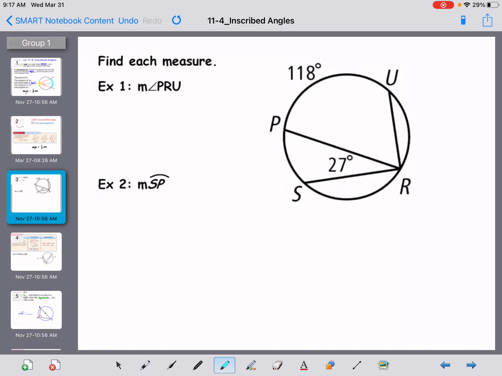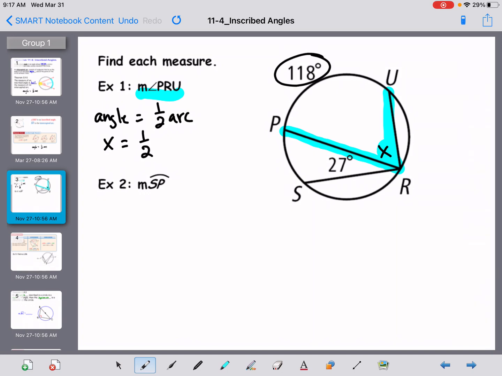I have the angle PRU that I want to find the measure of. So the angle is half of the arc. Since I don't know what the angle is, that's where I put my X. I say X equals half of the arc.